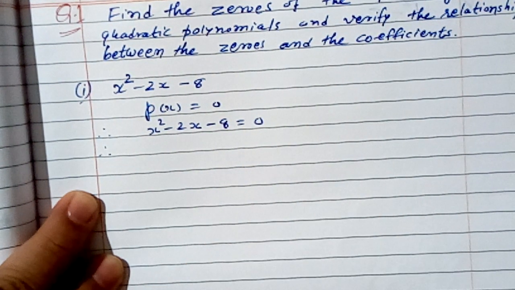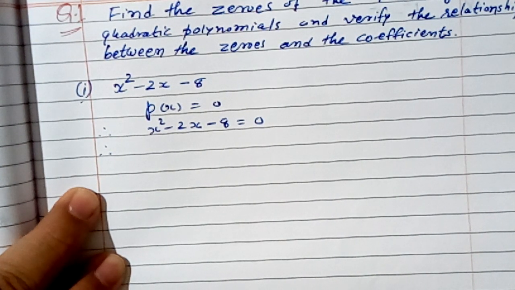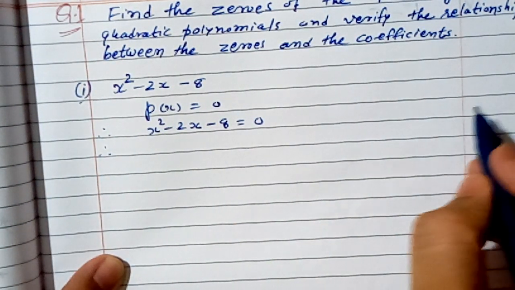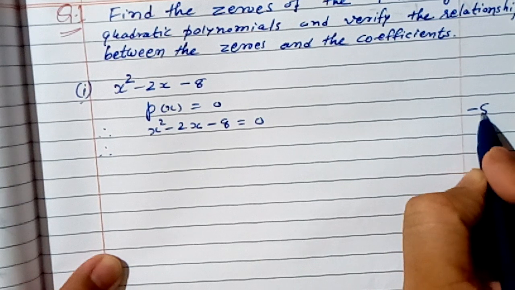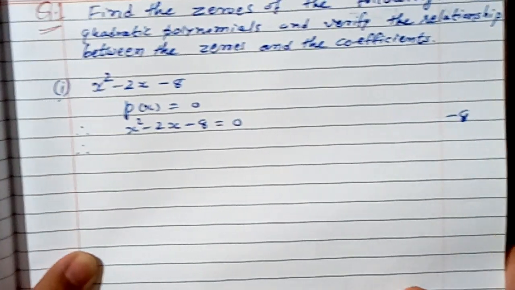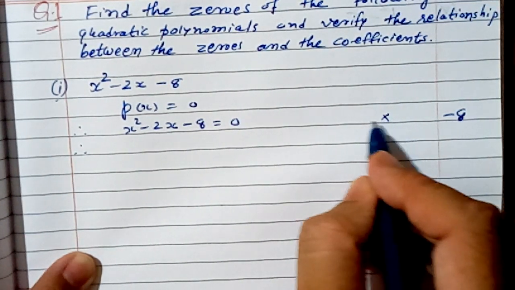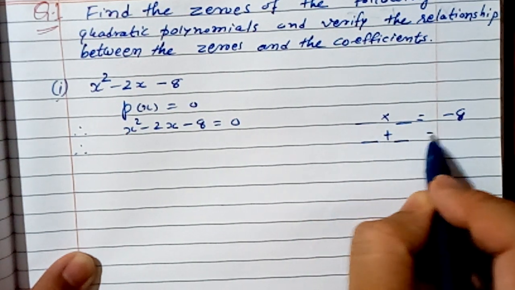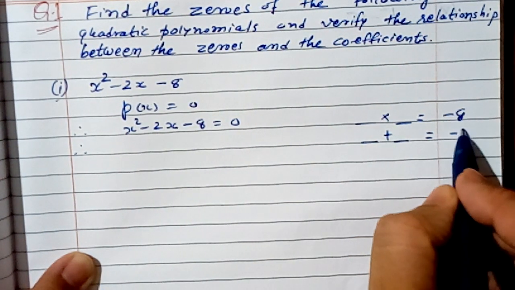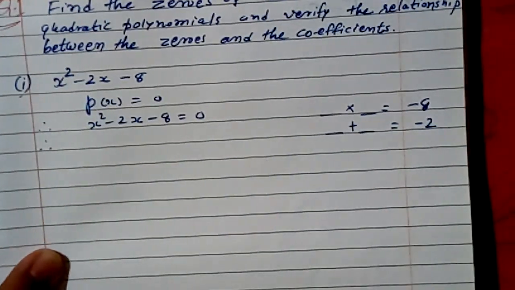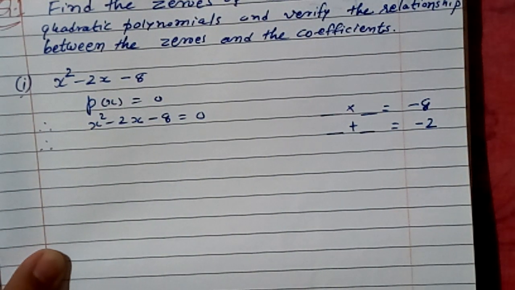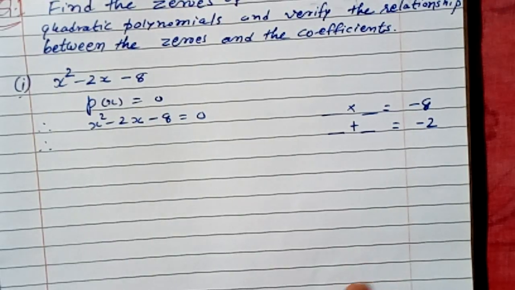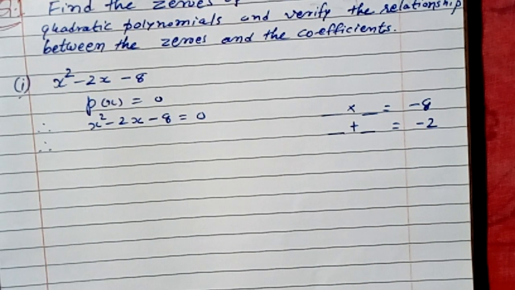Therefore, now we have to do split method. We have to think how can we get minus 8 as product, and we have to think sum of which two numbers is minus 2. So same numbers should be applied here. So we can understand 4 twos are 8.